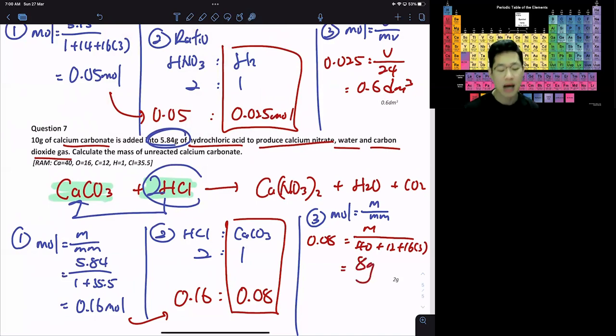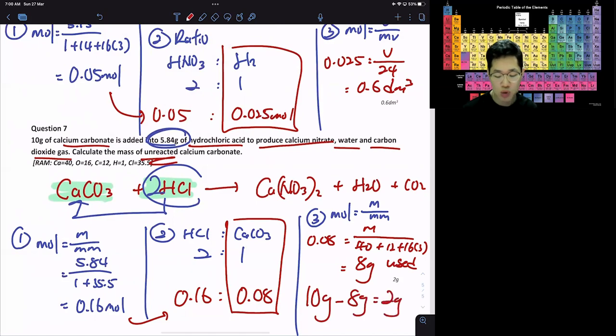This is the mass of calcium carbonate used or reacted. But the question wants unreacted. I have 10 grams of calcium carbonate in total and I use only 8 grams, so 10 minus 8 equals 2 grams unreacted.